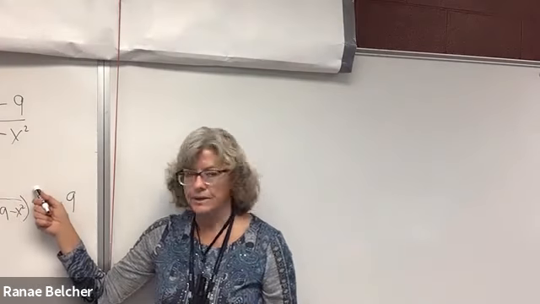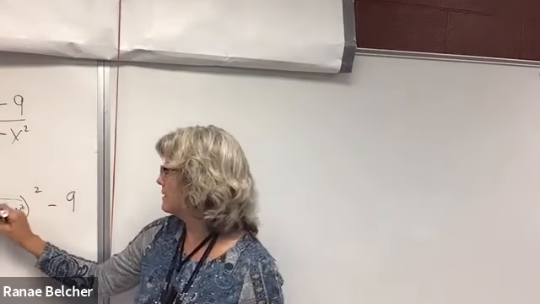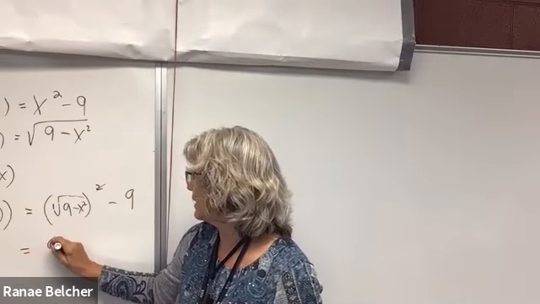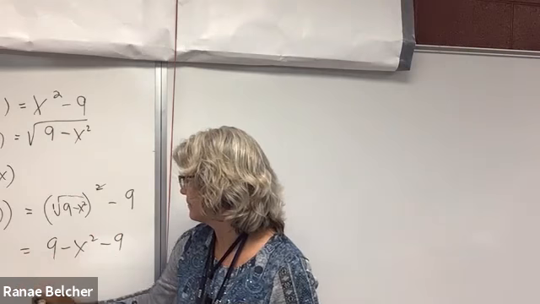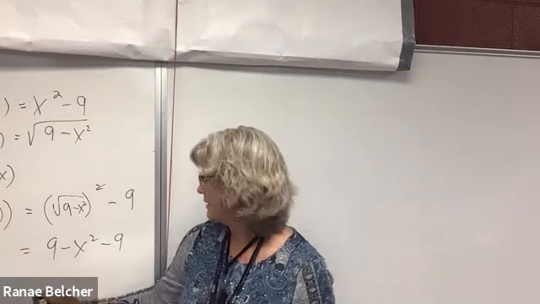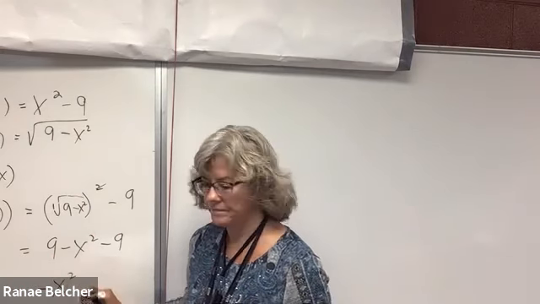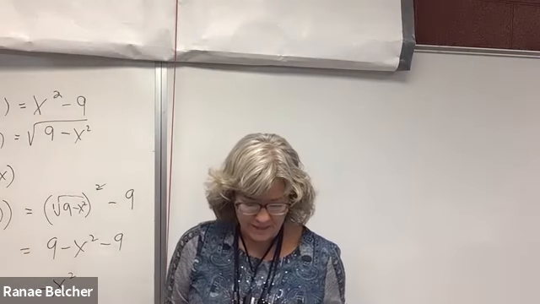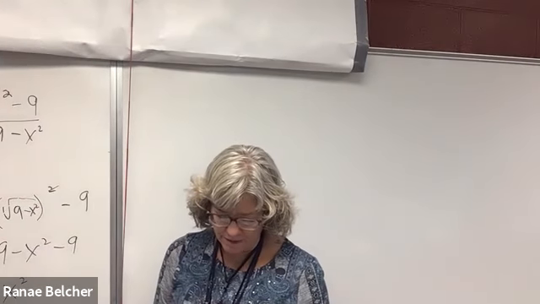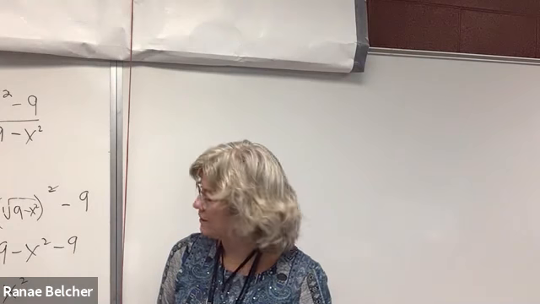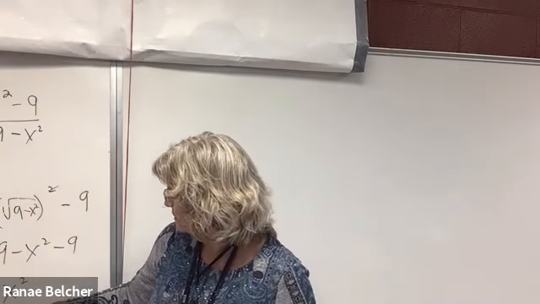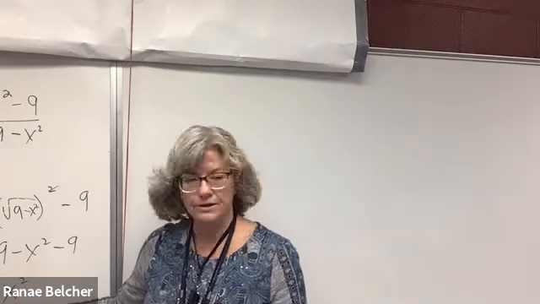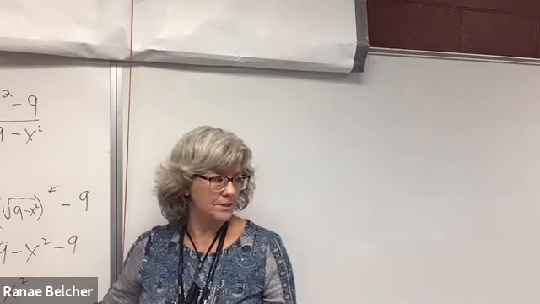The square root and the squared are going to cancel, right? And so you end up with 9 minus x squared minus 9, which gives you negative x squared. And they say from this, it might appear that the domain of the composition is the set of all numbers. Because you can take any number you want, square it, and take the opposite, right?